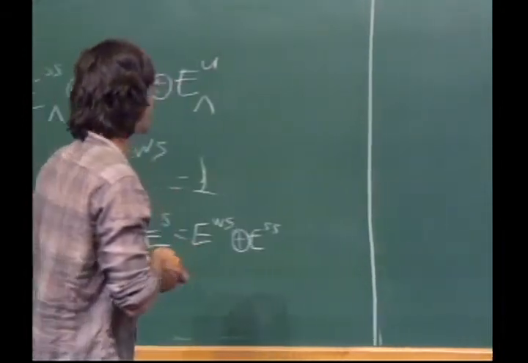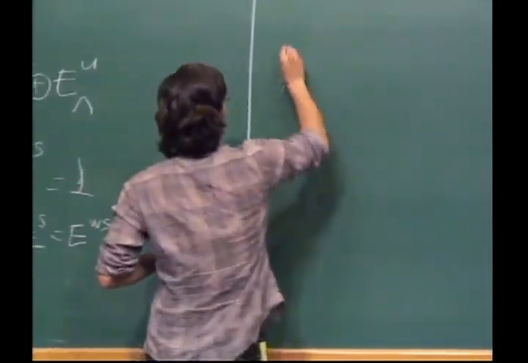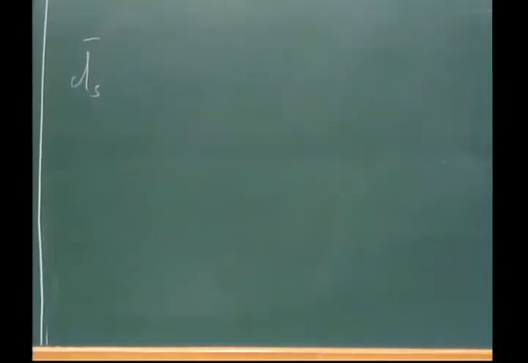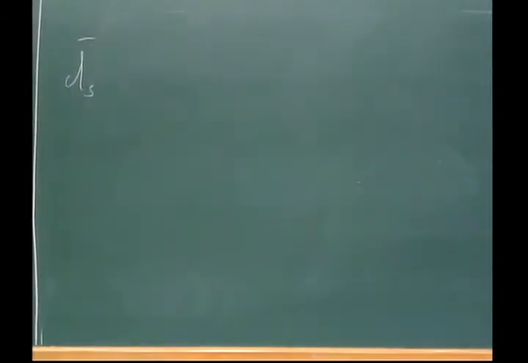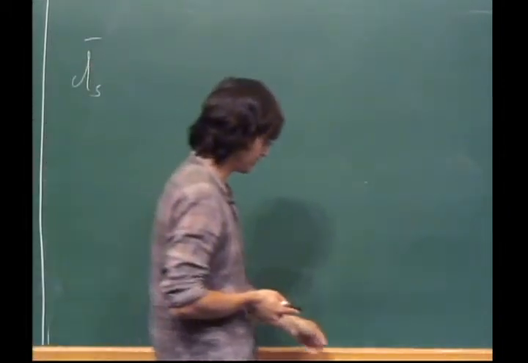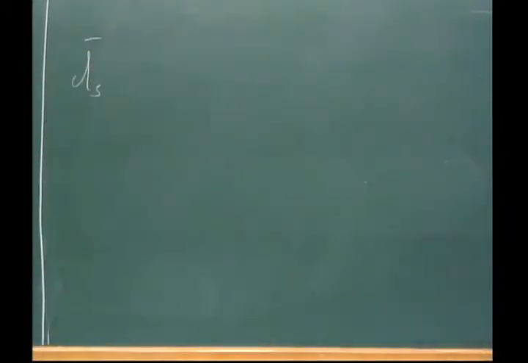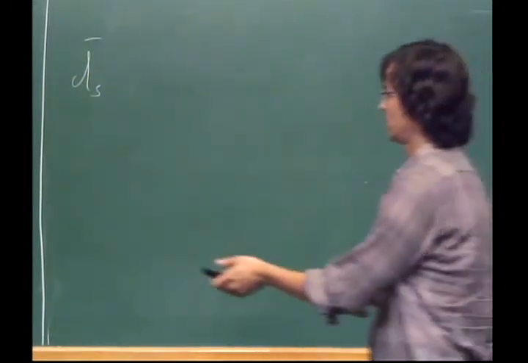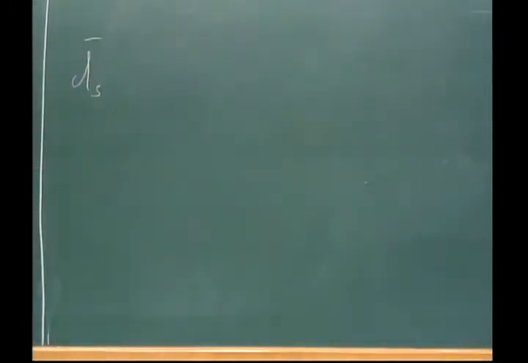And this upper stable dimension, the fractal dimension we will mention here, is not smaller than the Hausdorff dimension of each stable Cantor set.